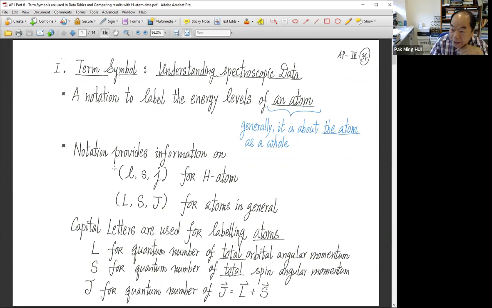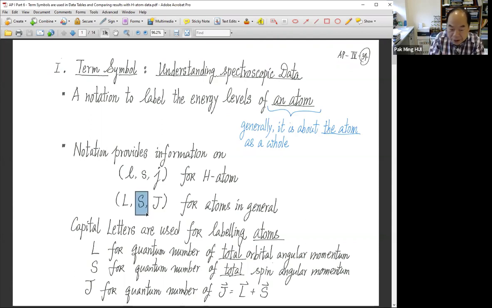We already discussed in hydrogen, our labeling uses L, S, and J. But you can imagine, for other atoms, you have 2 electrons, 3 electrons. We have to add up the spin angular momenta of the different electrons first, thereby getting a total spin that we represent with a capital quantum number.